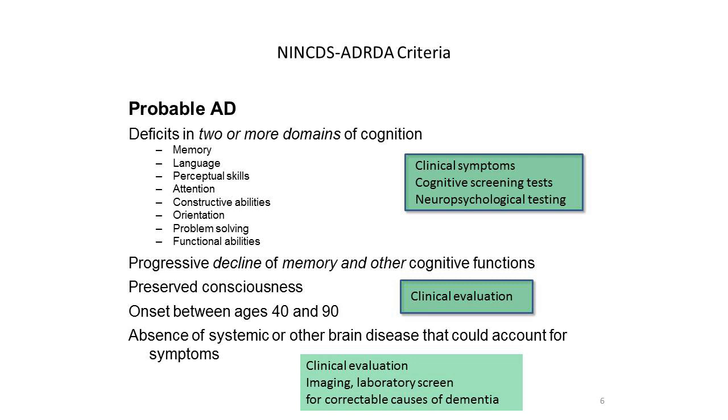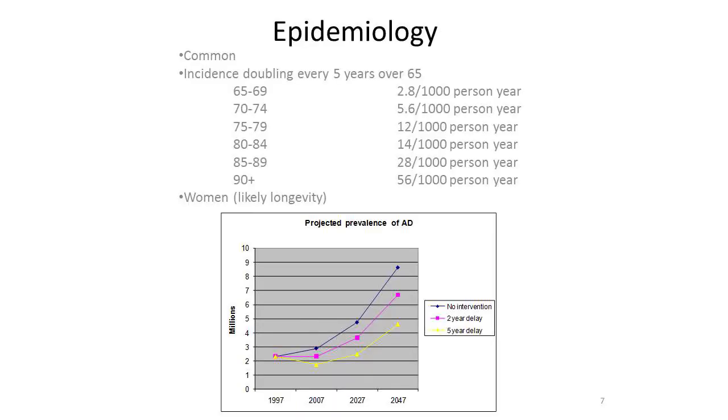hypothyroidism. So epidemiology, you will see it because it's very common, and the incidence doubles every 5 years over the age of 65. This figure here, I just would like to point out that even with small steps, we can make a huge difference at the public health level. So the blue line is the predicted prevalence of Alzheimer's disease from 1997.